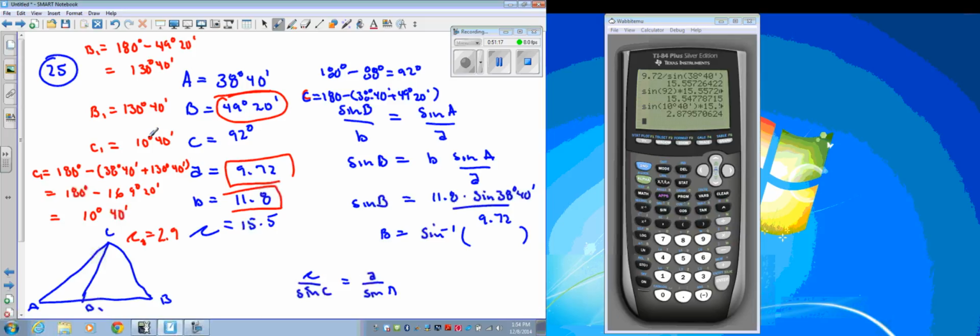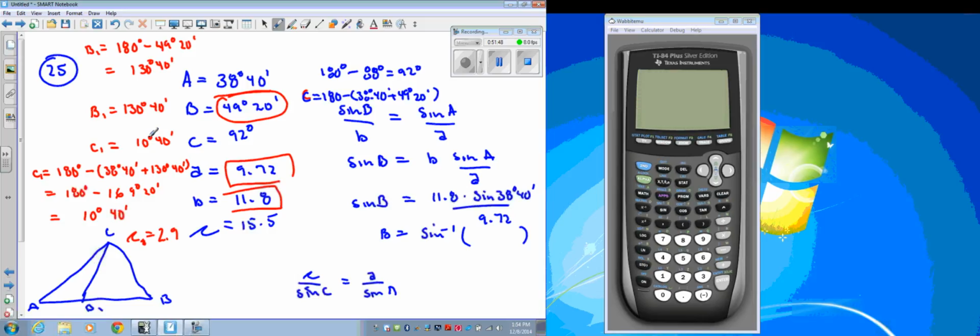Corey? We're looking for a second triangle. Do we look for a second triangle if it gives us 2 angles right off the bat? Well, if 2 angles are given? When you'll have to look for 2 possible triangles is when you're given an angle and 2 sides, and it's a not included angle.